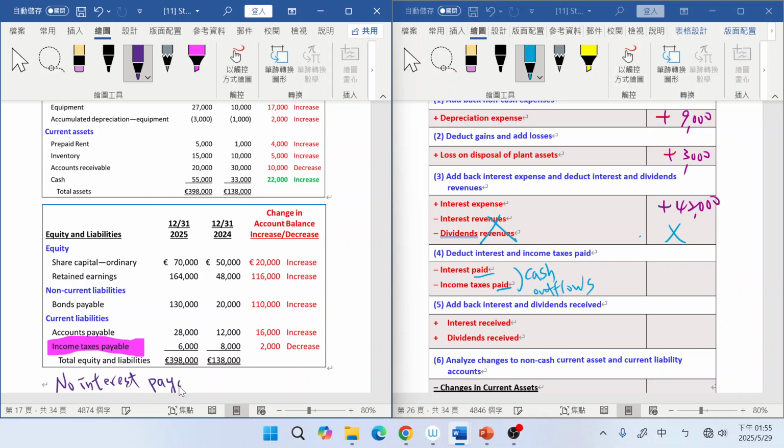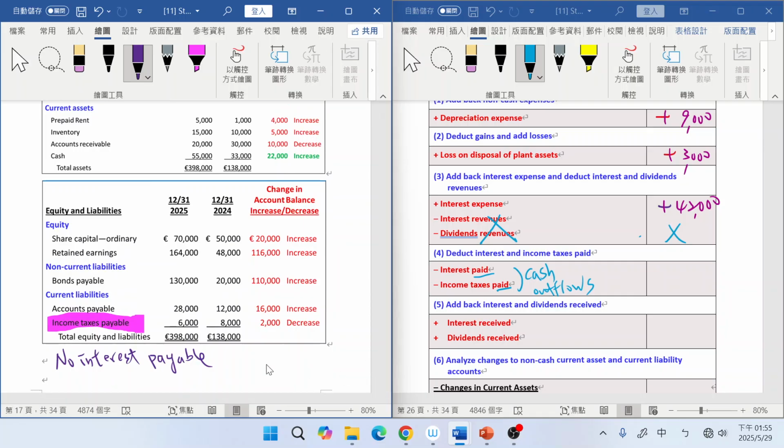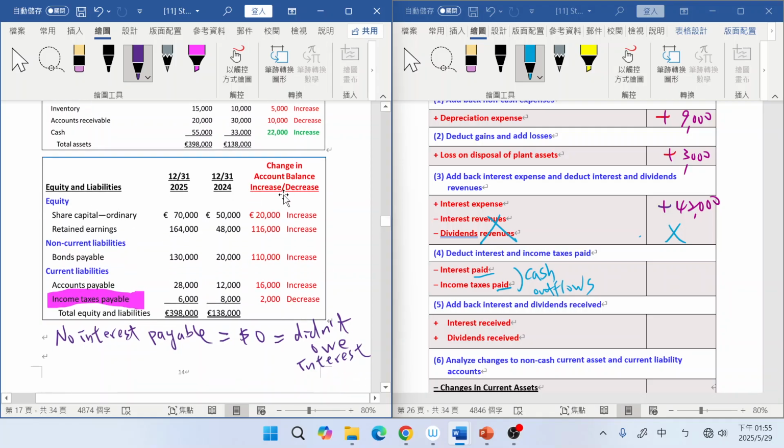When we don't have an interest payable, it means interest payable is 0. It means you didn't owe the interest.